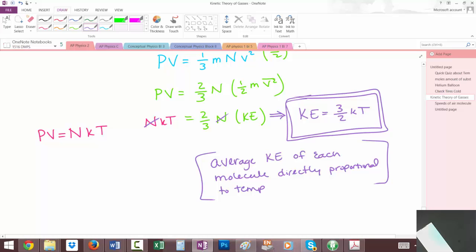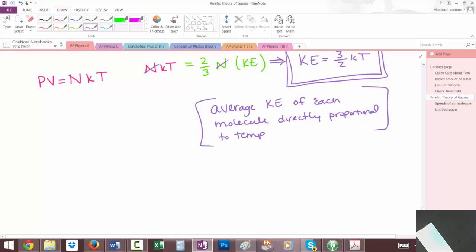One more little thing. We could find the velocity of any of these given particles as well. I'm just going to write this down because it's nice to know. So 1/2 m v average squared is equal to 3/2 kT.